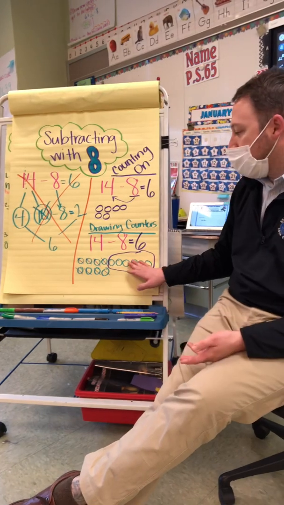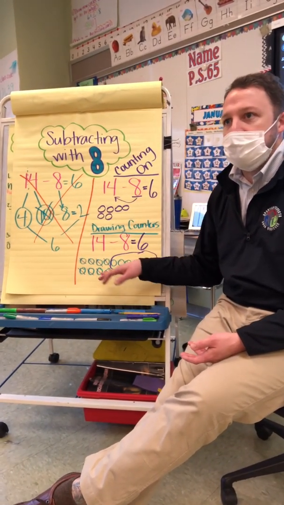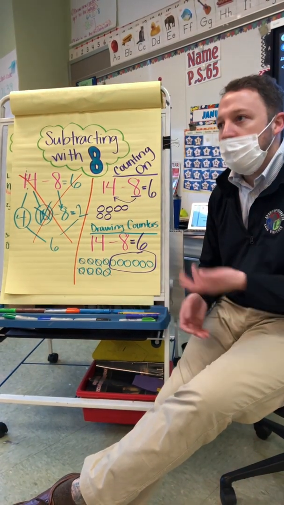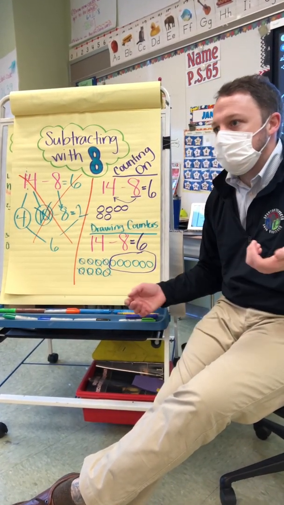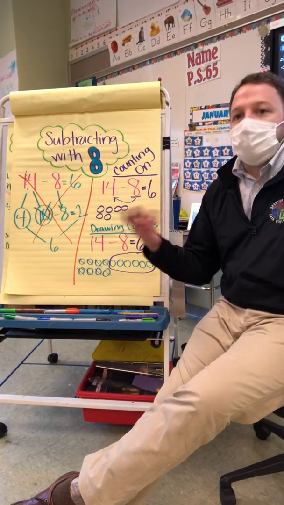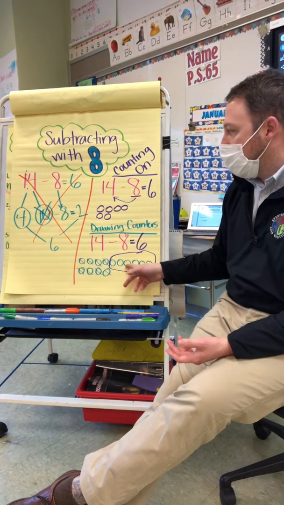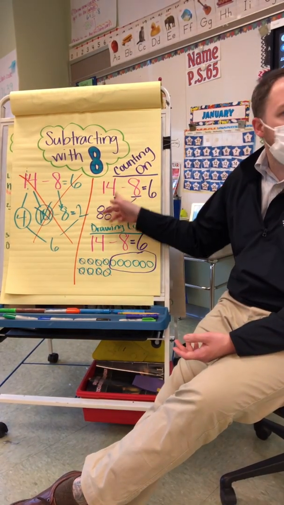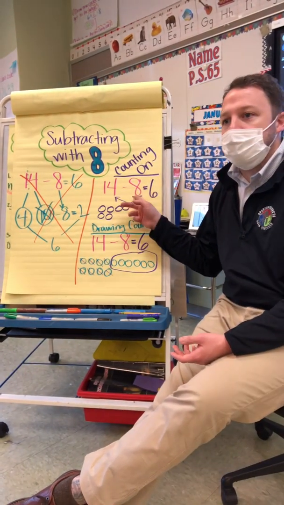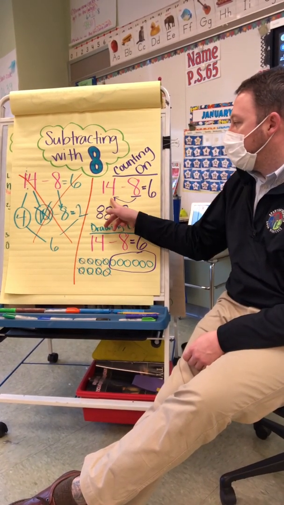I've either seen people drawing circles of 14, 15, 16, which after a while, you're going to get tired of drawing, or I've seen people do nothing. So I think that not showing any work and drawing all the counters, this is kind of like the middle ground, the happy medium that you should be using. So you put that number in your head and you count on.